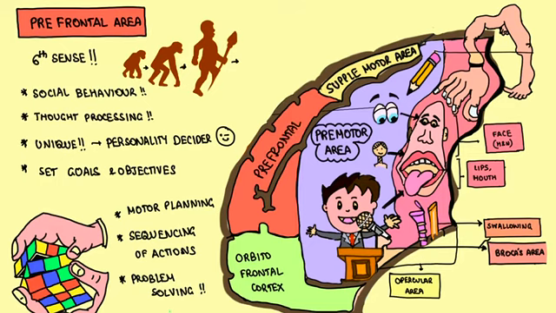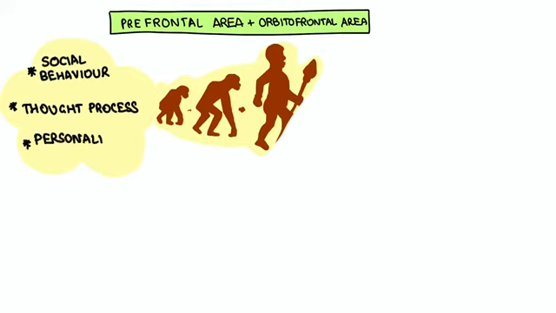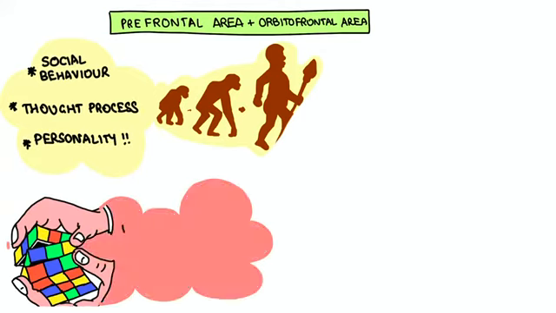Actually, if you see, this prefrontal area as well as this orbitofrontal area are closely connected with each other because their functions are overlapping. Like, as we told, the prefrontal area is concerned with social behavior, thought processing, personality identification, motor planning, problem solving.